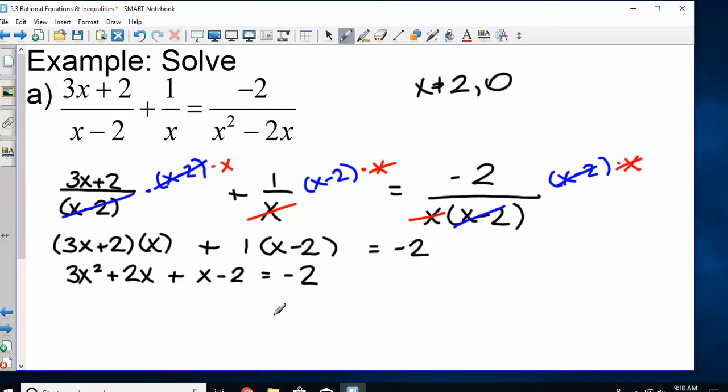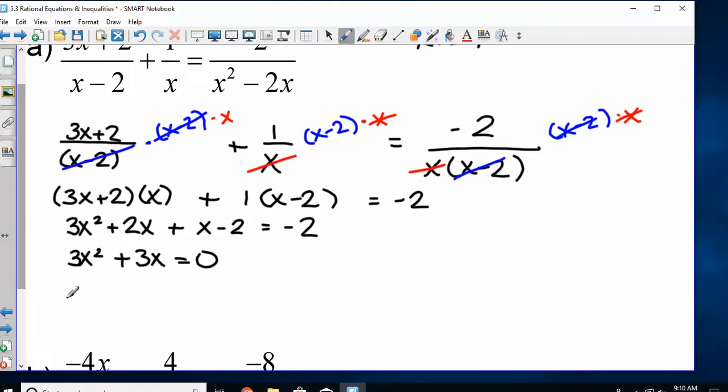Then what will we do? Set equal to 0 and combine our like terms. So 2x and 1x would be a 3x. To move this over, I would add 2, and what happens? Cancel out. At this point then, what do we do? Take out an x.